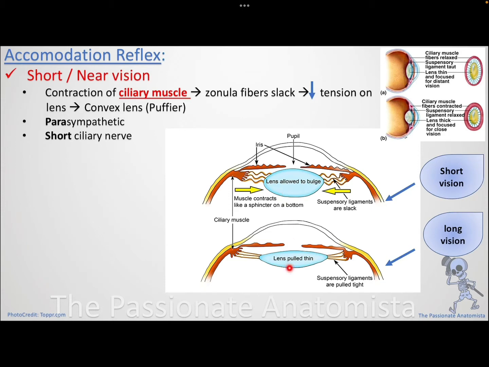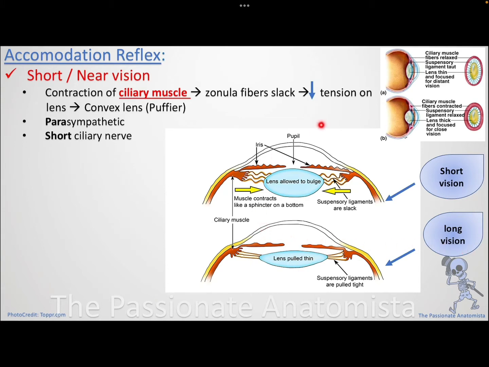In normal circumstances, the suspensory ligaments that attach the lens to the ciliary body are taut. They are active all the time, so they make my lens less puffy. This is my normal circumstance, because I'm looking at long vision most of the time.